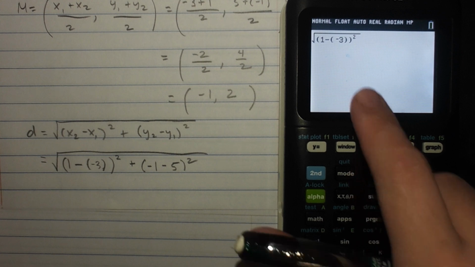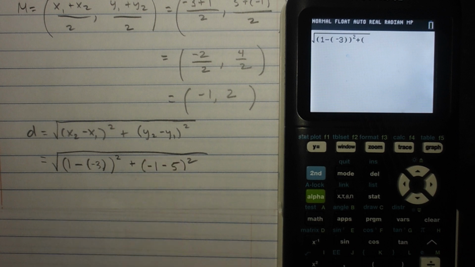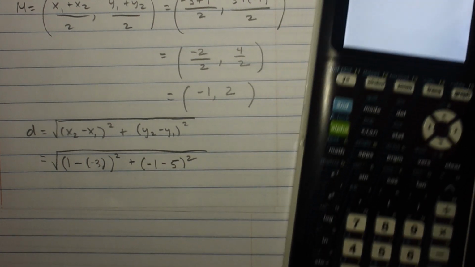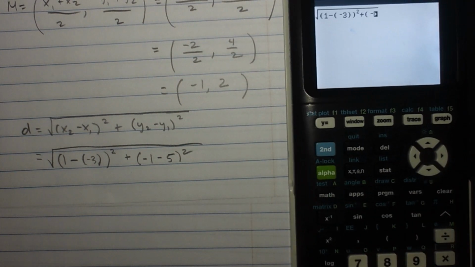In order to get out of the exponent mode, I arrow to the right just once, then press the plus button, then input this. That's negative 1. Since it's a negative, you press the negative button here. So negative 1 minus 5, close it, raise it to the second power, and then it looks like you have everything.